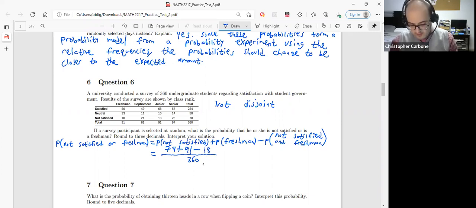So for the numerator, we're doing 78 plus 91 minus 18. That gives us a numerator of 151 divided by 360. Toss that into a calculator and you get 0.419.